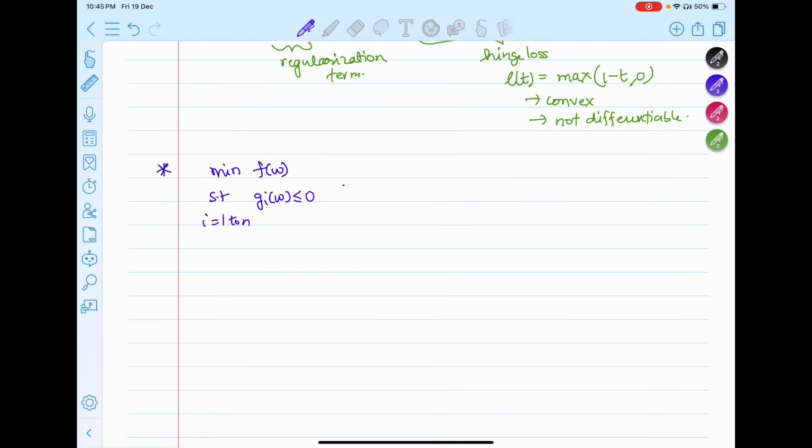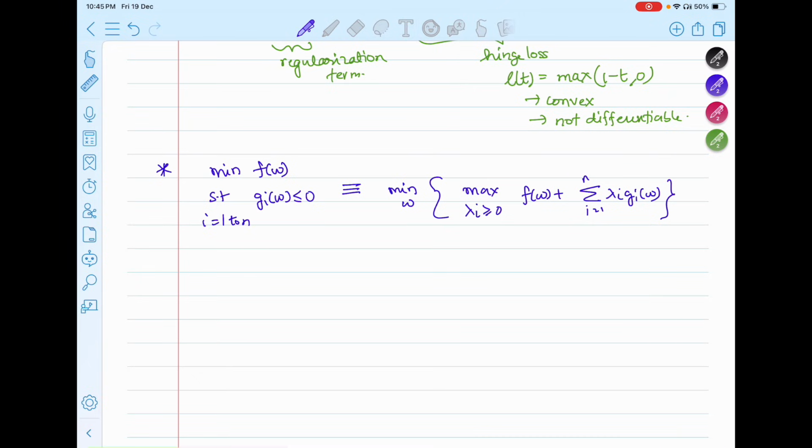Then this can be written as minimize with respect to w, maximize with respect to some parameter lambda_i non-negative, f(w) plus summation of lambda_i g_i(w), i running from 1 to n. These are the same problem. Why are these the same? That also I have explained in another video. Please watch it.